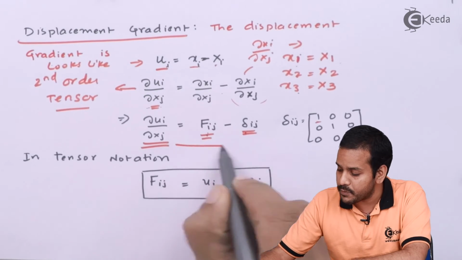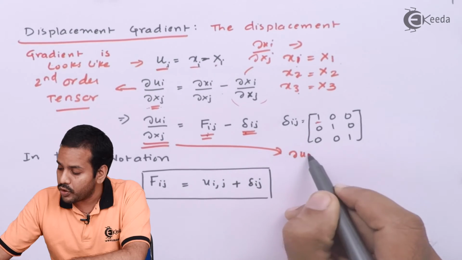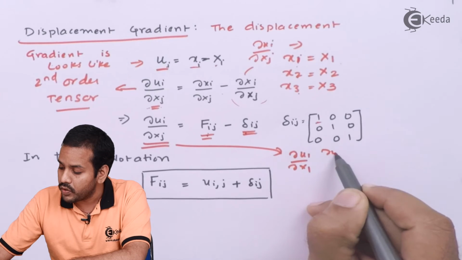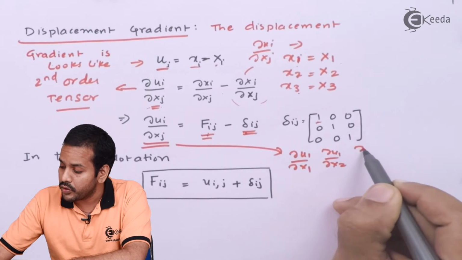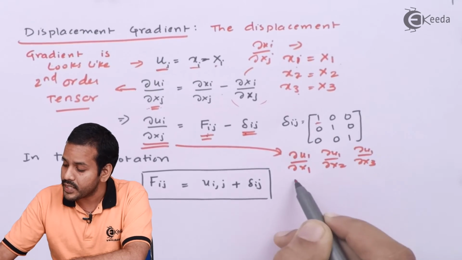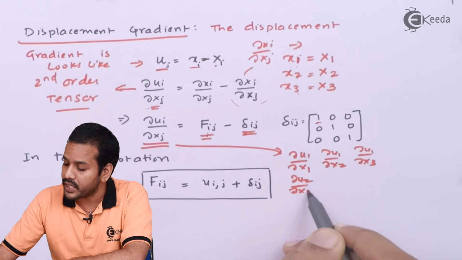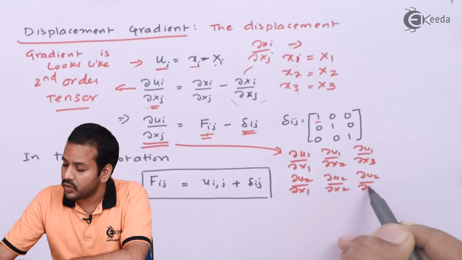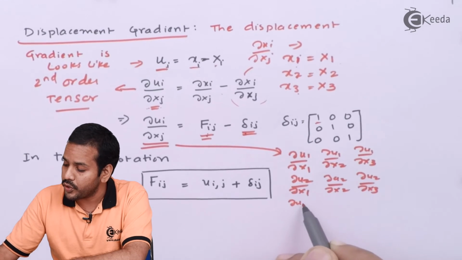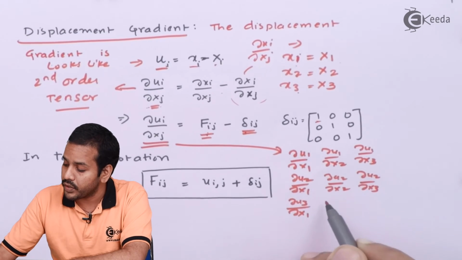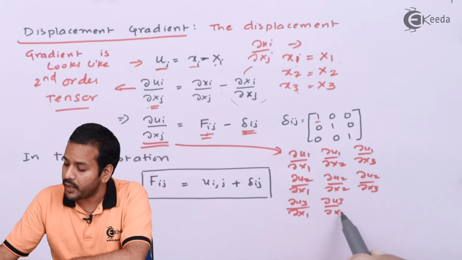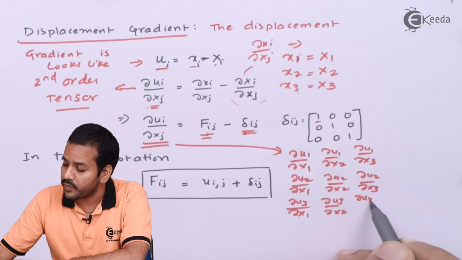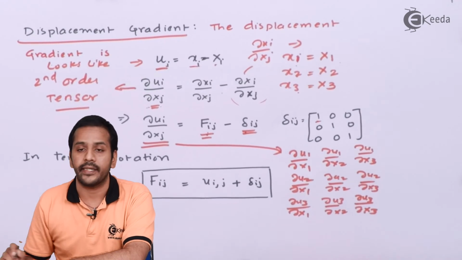So if you expand this displacement gradient, how does it look? Dou u1 by dou capital X1, dou u1 by dou capital X2, dou u1 by dou capital X3. In a similar way, dou u2 by dou capital X1, dou u2 by dou capital X2, dou u2 by dou capital X3, and dou u3 by dou capital X1, dou u3 by dou capital X2, dou u3 by dou capital X3.